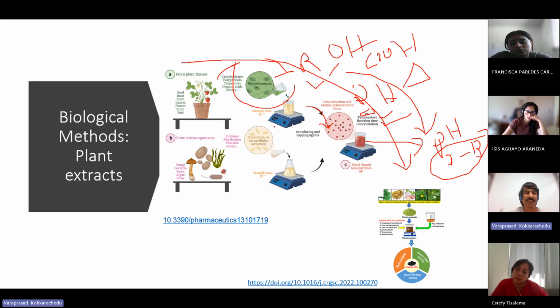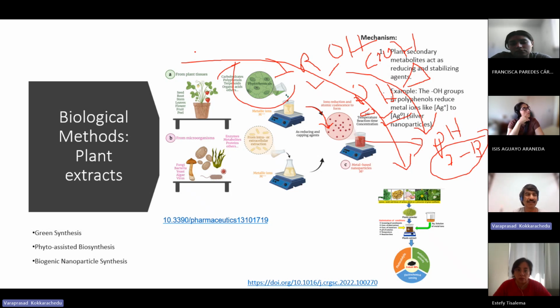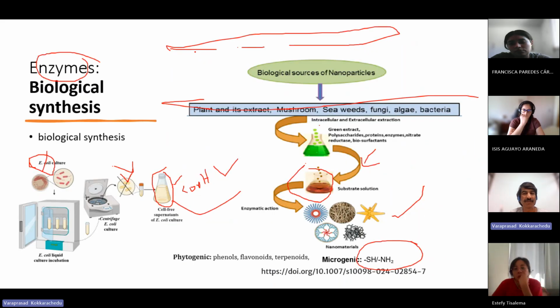Any reaction when you synthesize nanoparticles, the pH should be almost 7 to 13, then we can form the nanoparticle. If you have a lower pH, they do not form nanoparticles very fast. We can adjust this pH by using any kind of solvents, like acids or bases.